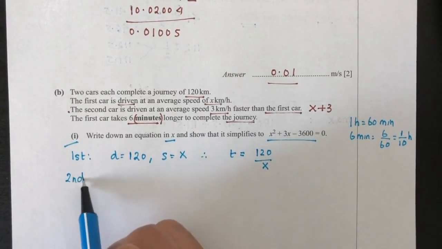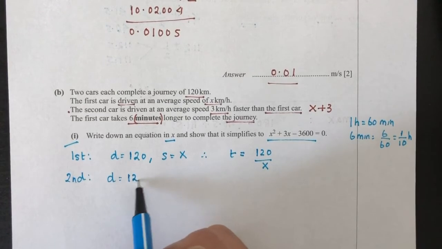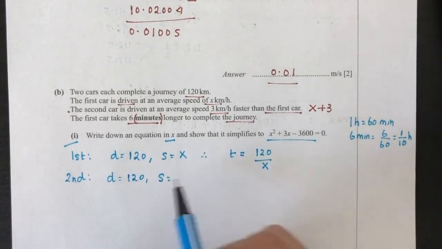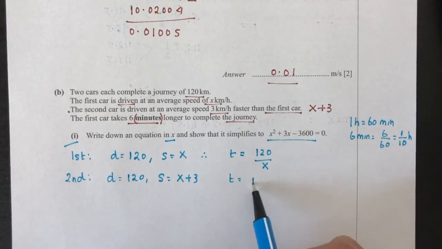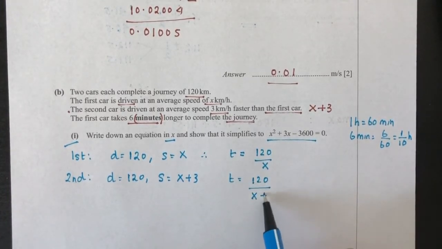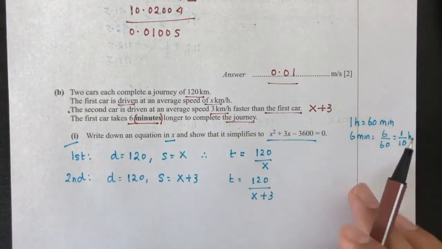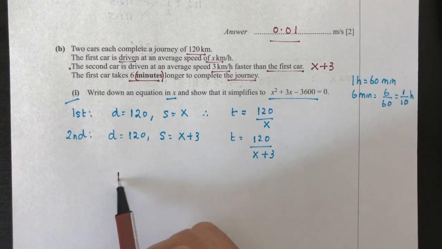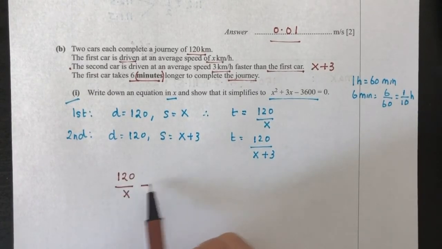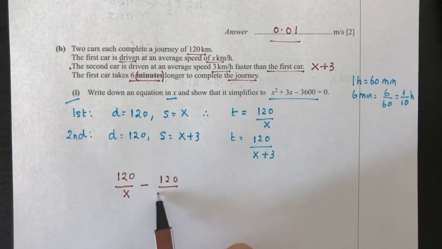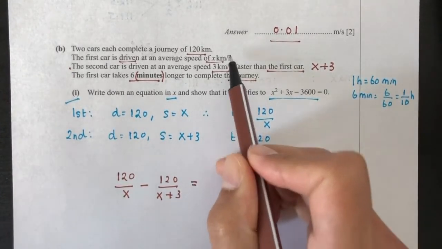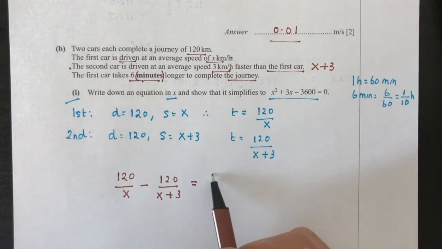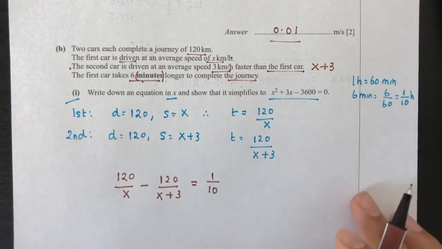Now second car, distance is the same 120, but speed has changed to x plus 3, which means time is 120 divided by x plus 3. It says the first car takes 6 minutes longer, which means the time of the first car, 120 over x, minus 120 over x plus 3, is supposed to give you 6 minutes. But here we have hours, convert 6 minutes to hours, that'll be 1 over 10 hour.